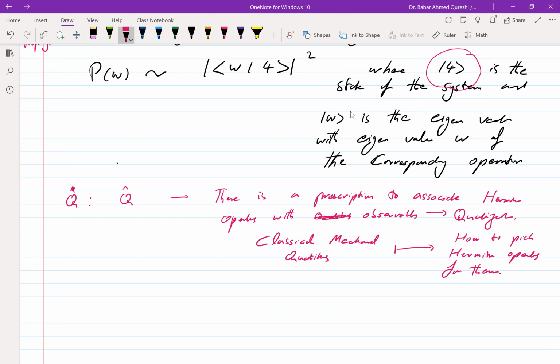This process is not quantum mechanics, this is called quantization. We will discuss it in the next postulate, but not all observables will come through this.